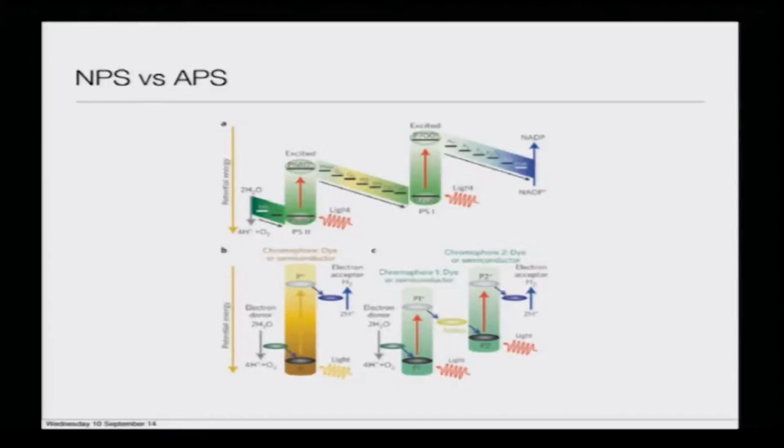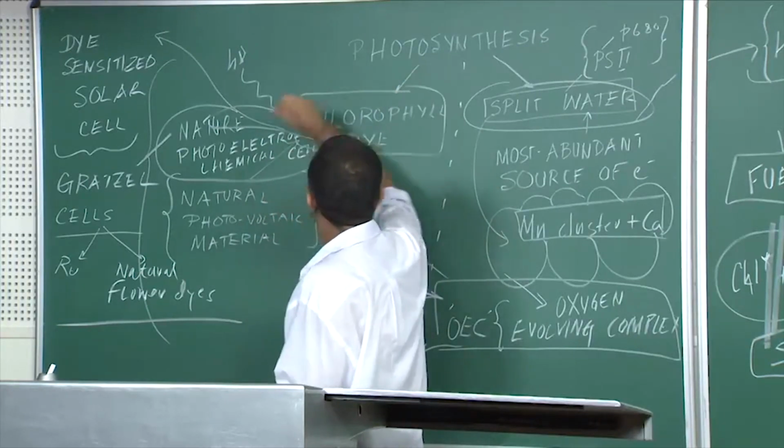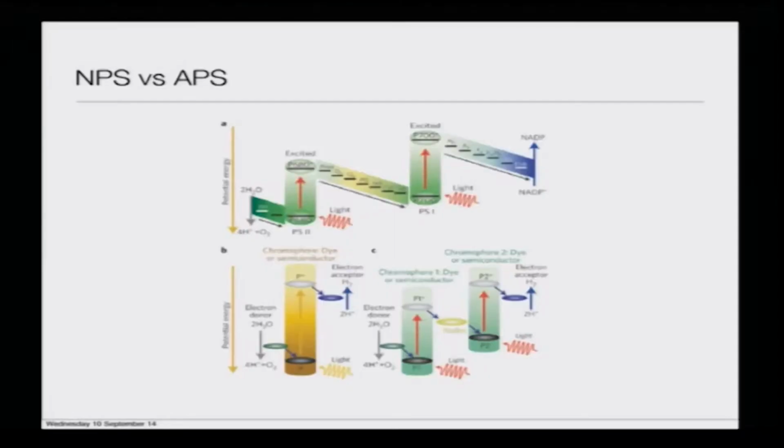Now, if you look at B and C, these molecules are the dyes which have been mimicked. The chromophore, or the dye, or semiconductor, upon absorbing light gets excited and donates an electron.